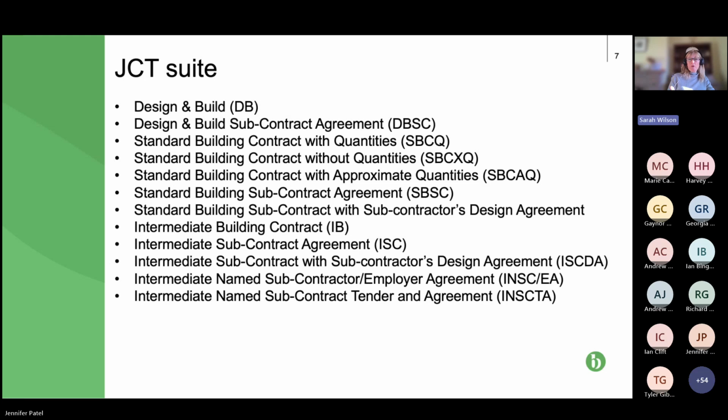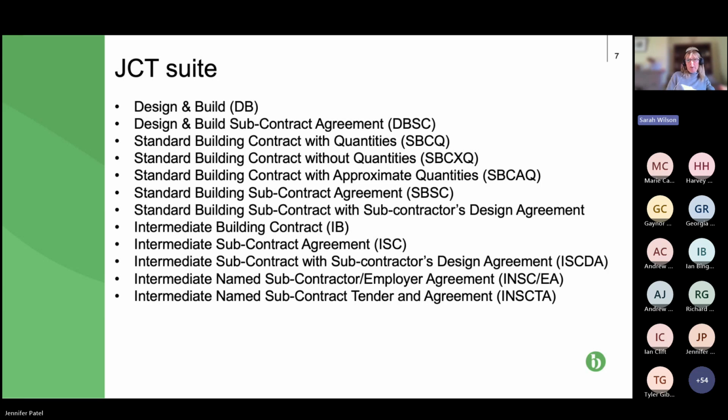So they're a mixture of contracts and subcontracts, but these are all different pricing options. Whereas we basically just had 2 contracts, bullets 1 and 3 on the previous slide, the ECC and the engineering and construction subcontract, for JCT we've got all of these contracts.